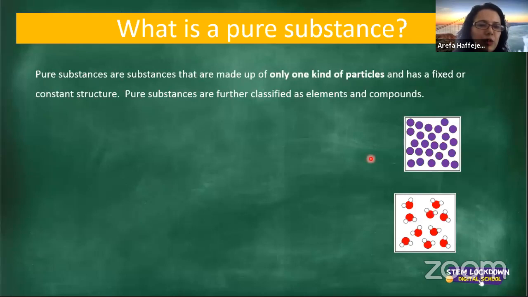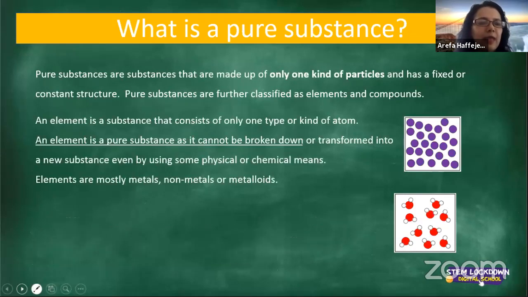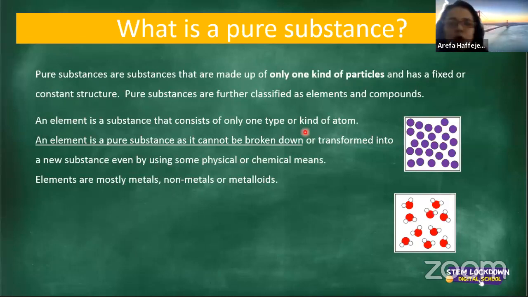Okay. So we say an element is a substance that consists of one type or kind of atom, and an element is a pure substance as it cannot be broken down. Now, throughout this tutorial, I'm going to stress the fact that an element is a pure substance and it cannot be broken down or transformed.